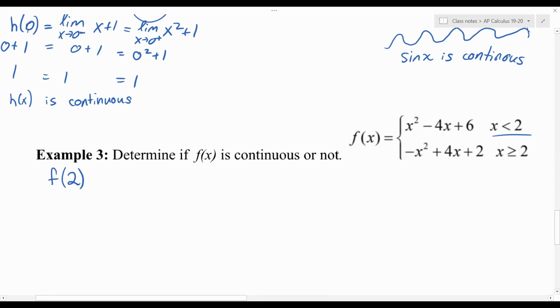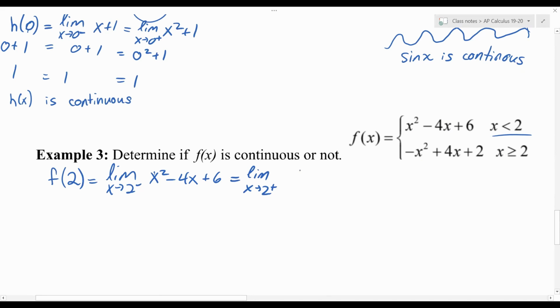So f of 2, does that equal the limit as x approaches 2 from the left of f of x? So from the left, we're going to use this one. X squared minus 4x plus 6. And does that equal the limit from the right? So if we're looking at 2 from the right, we're going to be greater than 2.